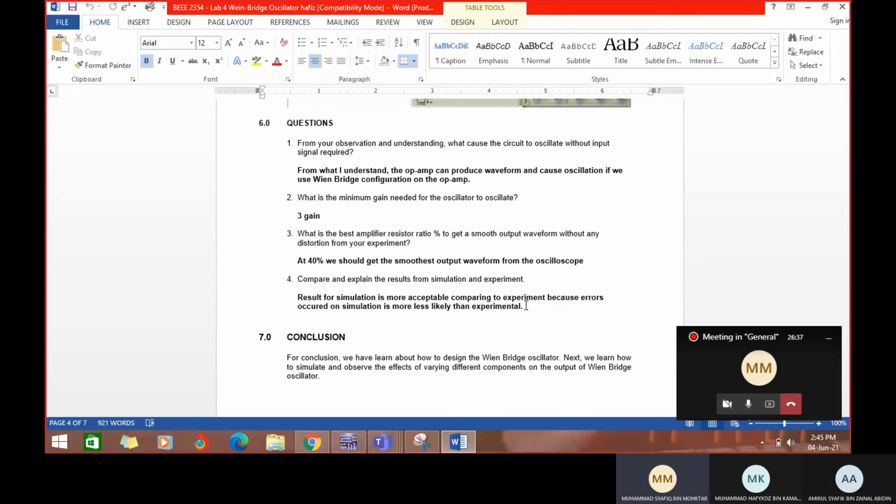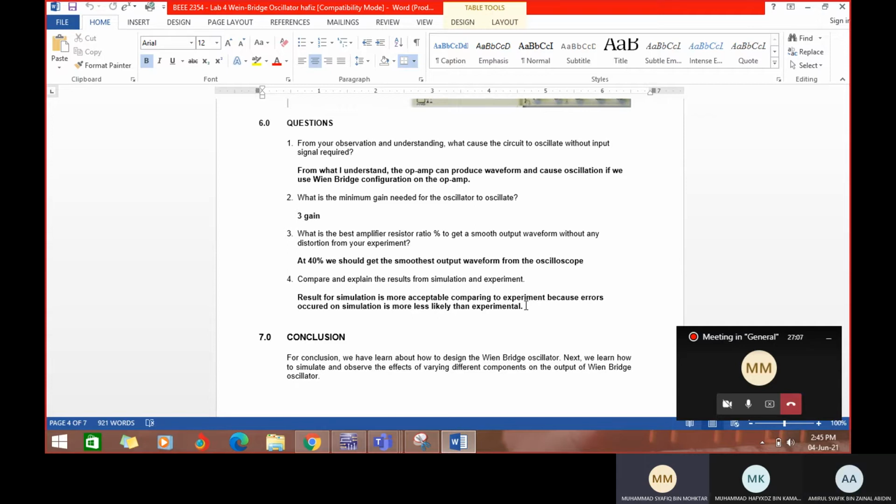Second question, what is the minimum gain needed for the oscillator to oscillate? So the answer is a gain of 3. Question 3, what is the best amplifier resistor ratio percent to get a smooth output waveform without any distortion from your experiment? At 40%, we should get the smoothest output waveform from the oscilloscope.